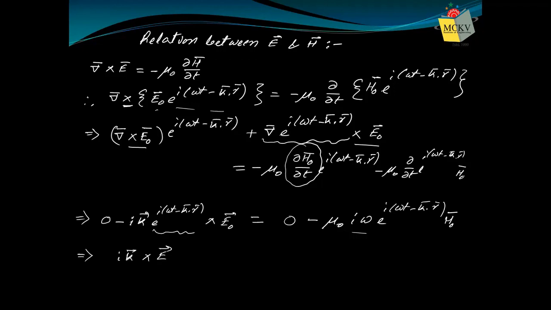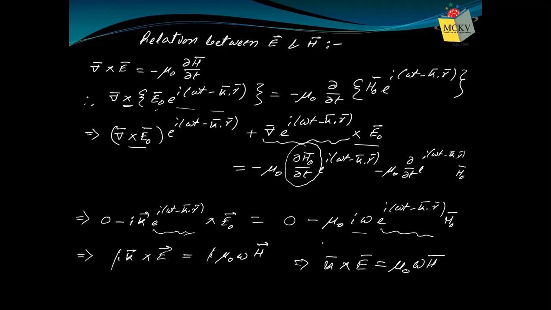So this whole thing is actually E, and the minus signs cancel out, giving mu naught omega. Then again, I can write this e to the power something after H naught, and it will be H only. The i cancels out. So what we have: k cross E equals mu naught omega H.